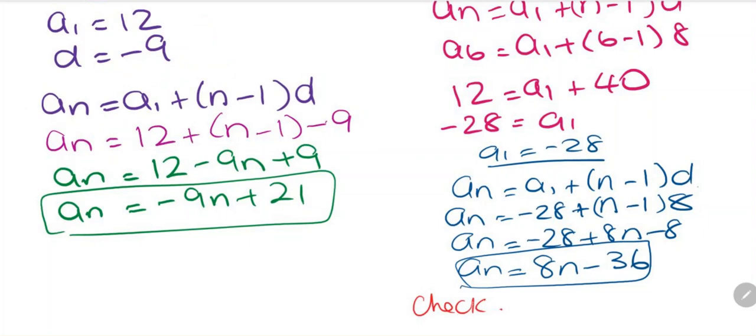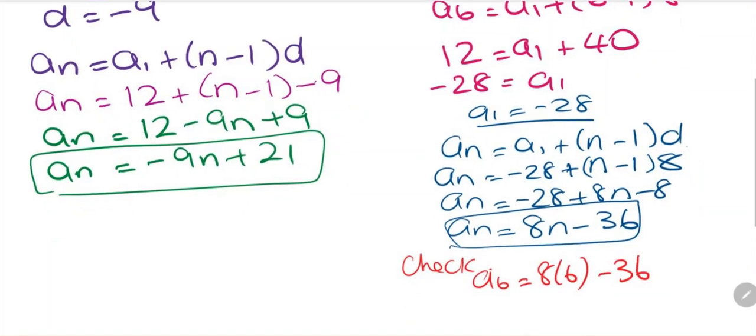So when n is 6, it's going to be 12. So if I put this value in, if I was to find the sixth term, that would be 8 times 6 minus 36. So a_6 would be 48 minus 36, which is 12.